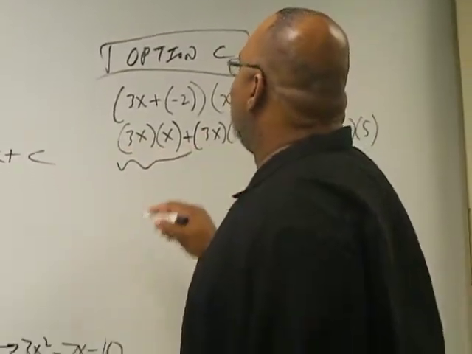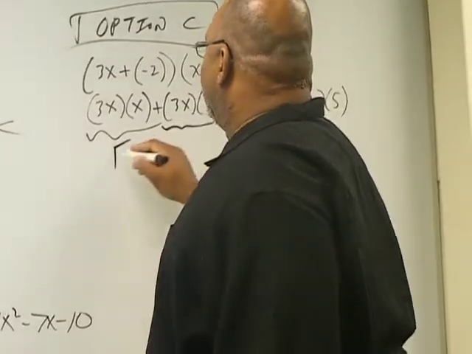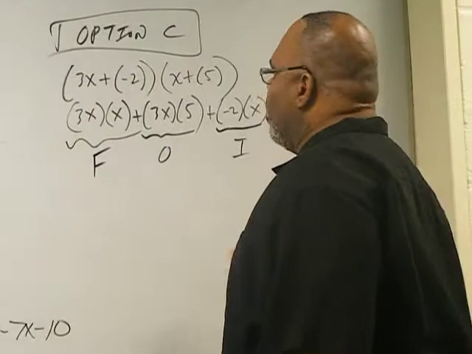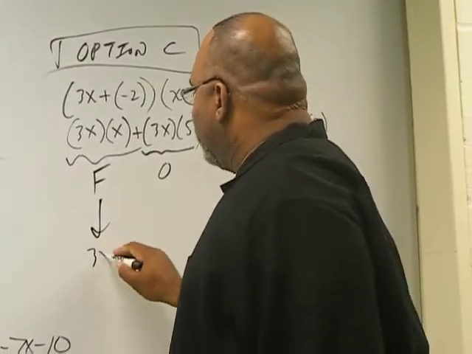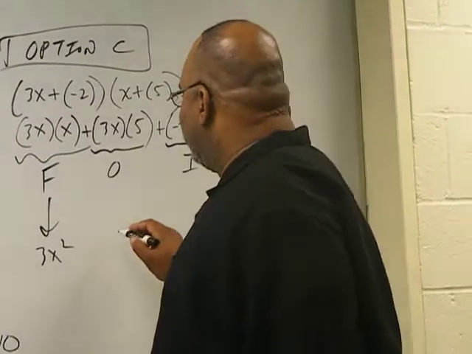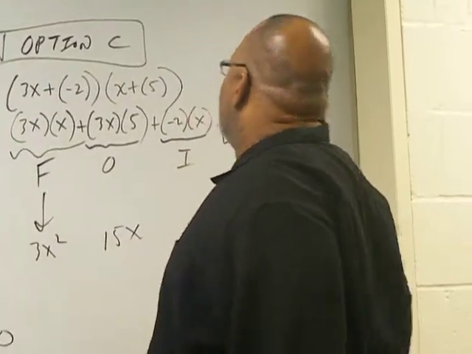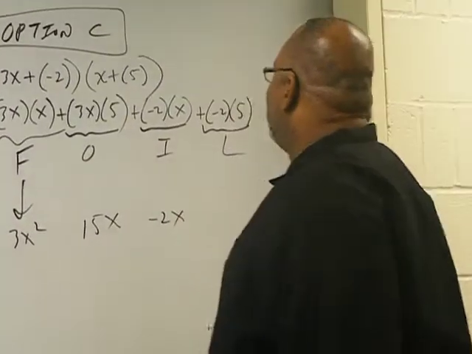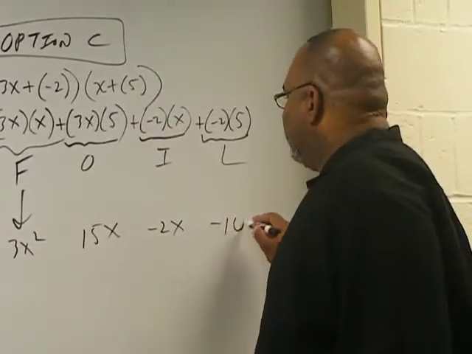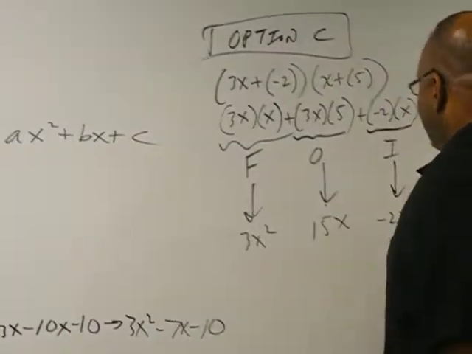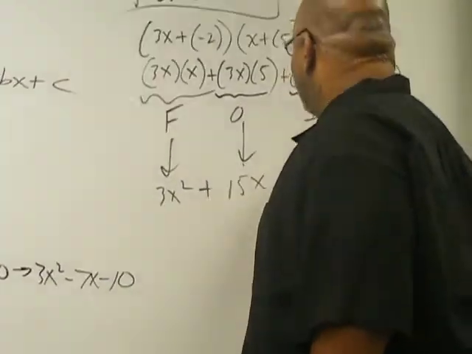Okay, so for FOIL, for F, O, I, and L, we get 3x squared. For the O, we get 15x. For the I, we get -2x. And for the L we get negative 10. Okay, we're going to separate all these with plus signs.